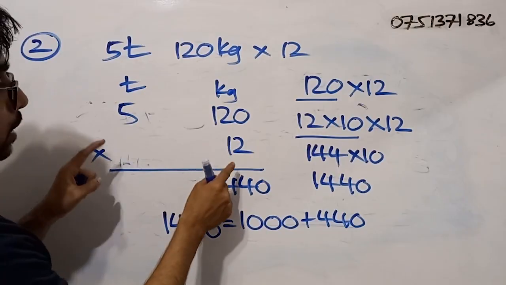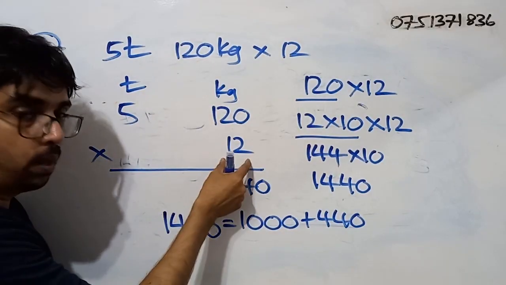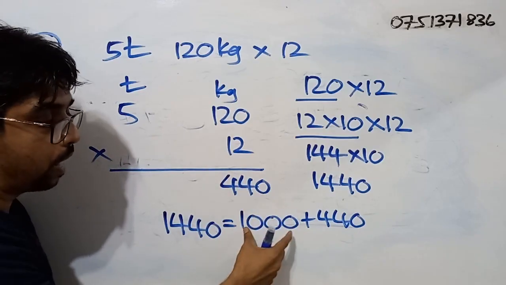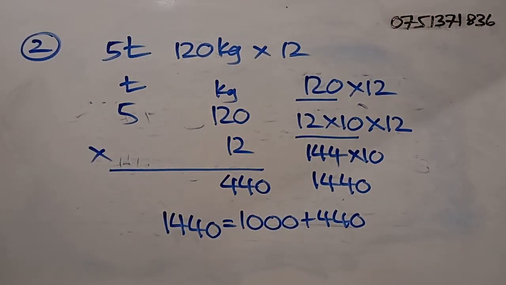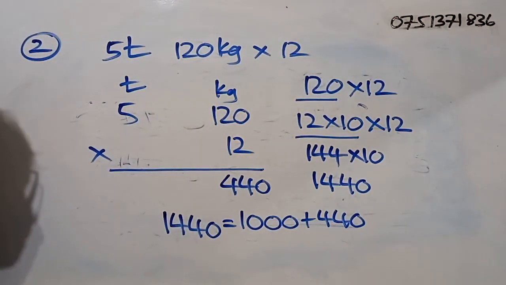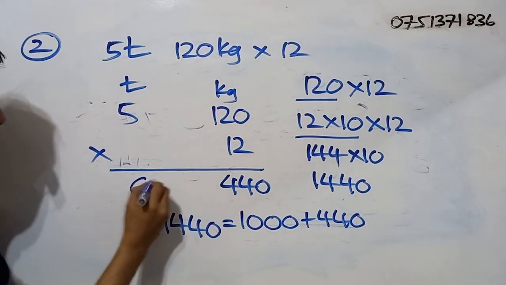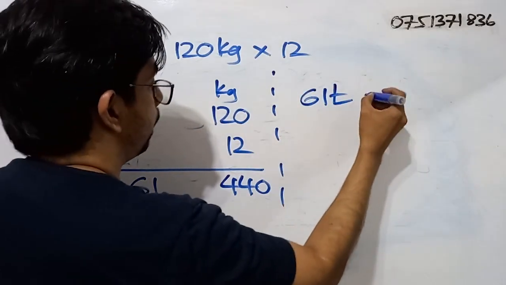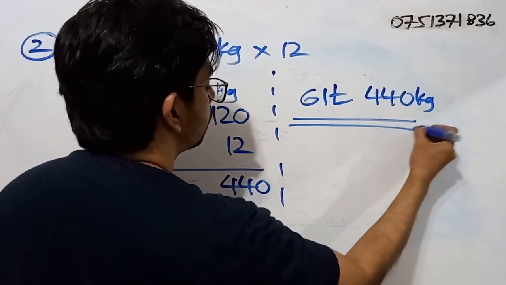So when we multiply the metric tons by 12, we get the value, no? So for that value, we have to add 1 ton. Right? So 12 into 5, what is that? 60. To that we will add 1. So this becomes 61. Finally, what will be the answer? 61 tons and 440 kilograms.